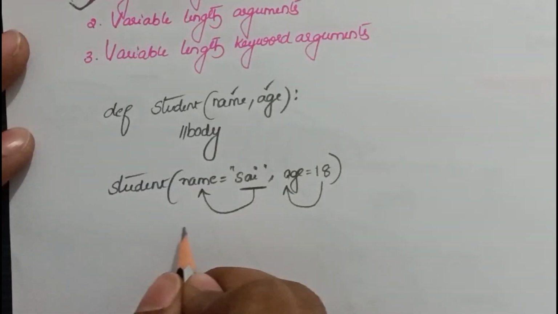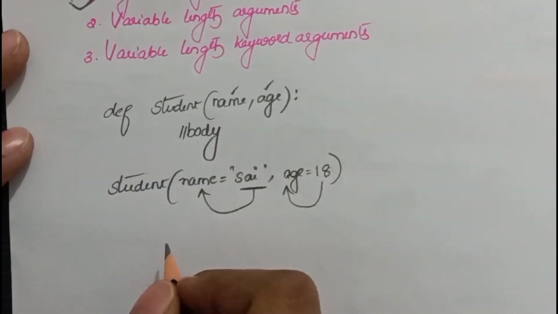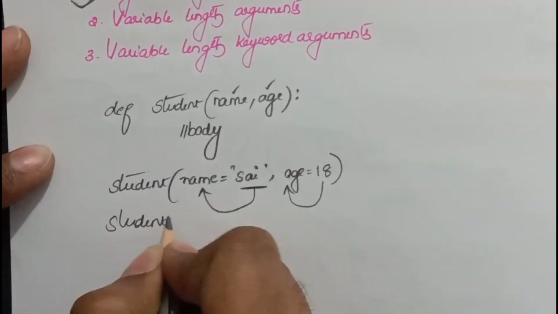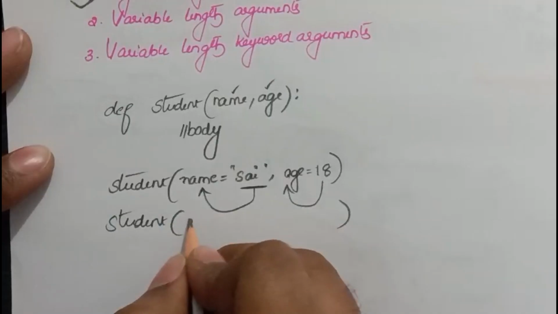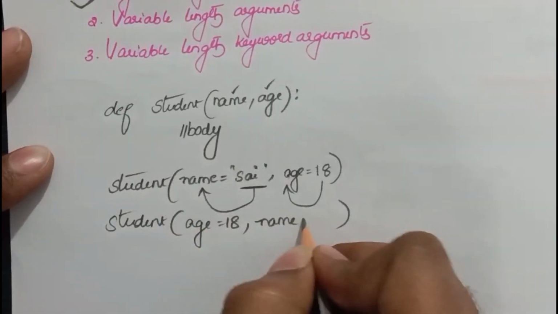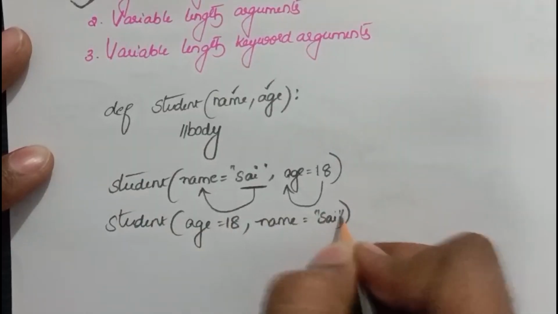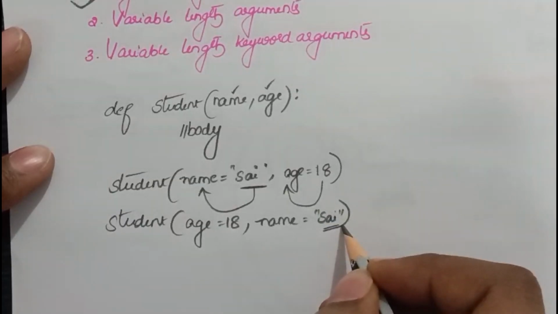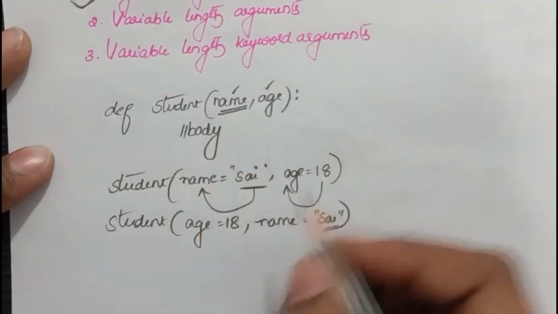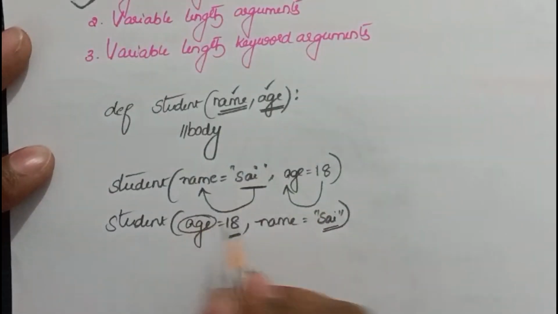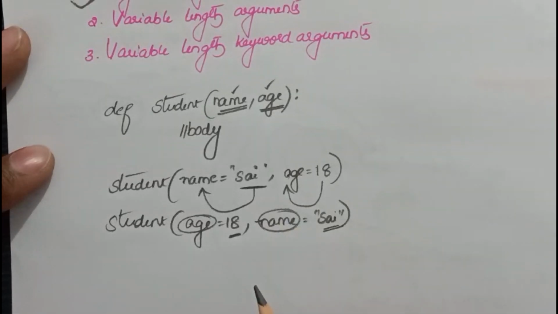Since we are mentioning the parameter names, order of arguments does not matter. You can also switch the positions of these arguments. age equals 18, name equals Sai. Even now, Sai will get assigned to parameter name, 18 will get assigned to parameter age, because we used keywords while sending values.